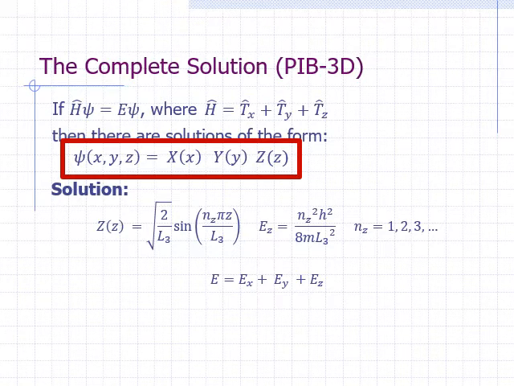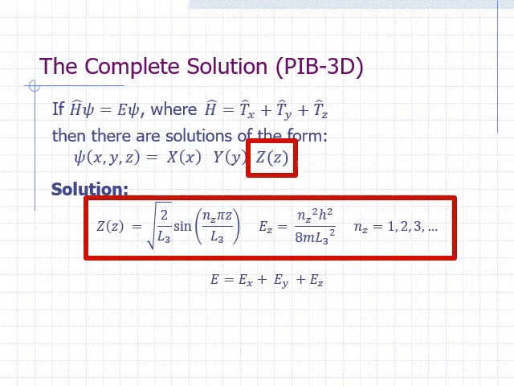The parts that depend on x and y are the same as what we saw for the 2-dimensional problem. The part that depends on z is essentially the same form. It's square root of 2 over L3 times sine of n sub z pi z over L3 with eigenvalue E sub z equal to n sub z squared times h squared over 8m L3 squared.